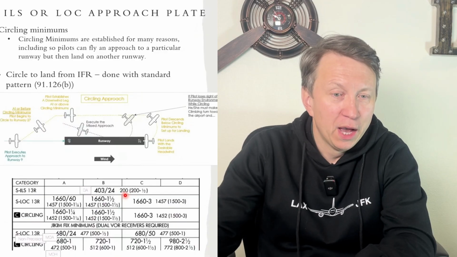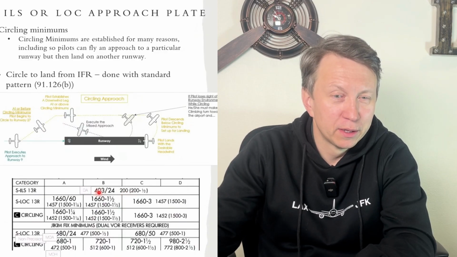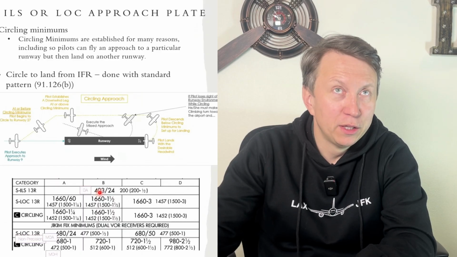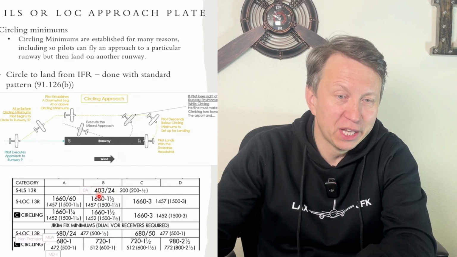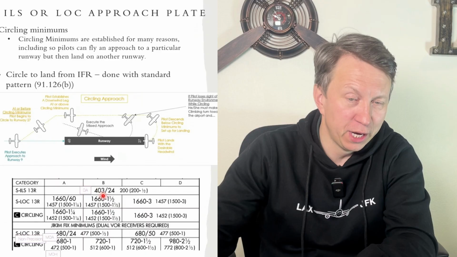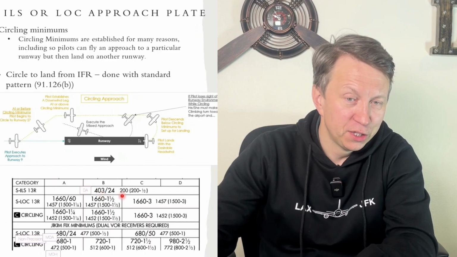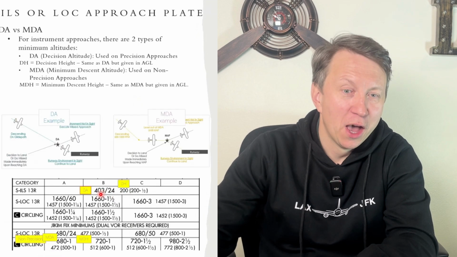So if you see the green bar, you basically go to 300 until you see something else. No, wait, let me make sure I hear you correctly. The decision altitude in this plate for Hillsboro is 403. Oh, right. Yeah, that's right. I'm confused. So 403 is the decision altitude, but you can go to 300.